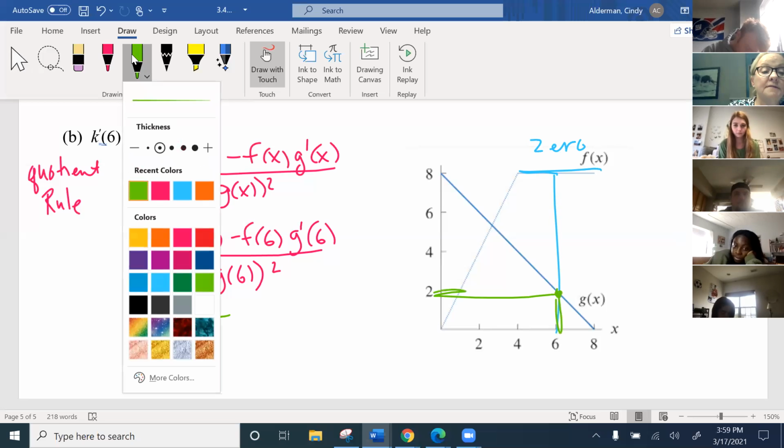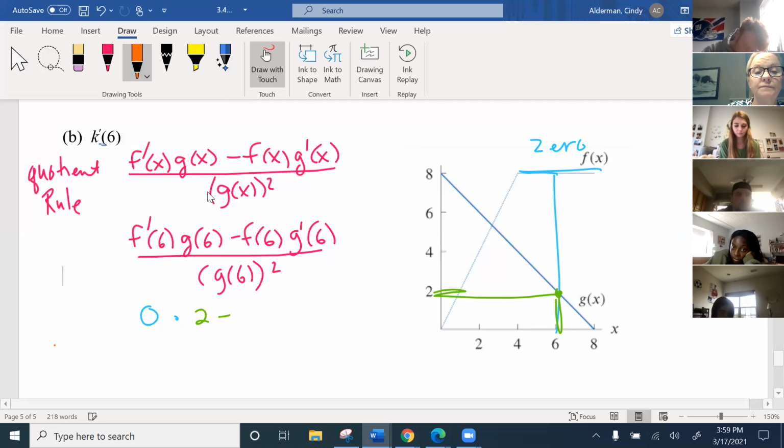F of 6 would be the value on f, it would be 8.